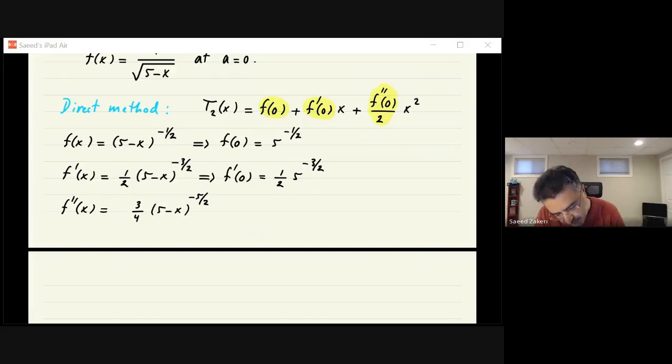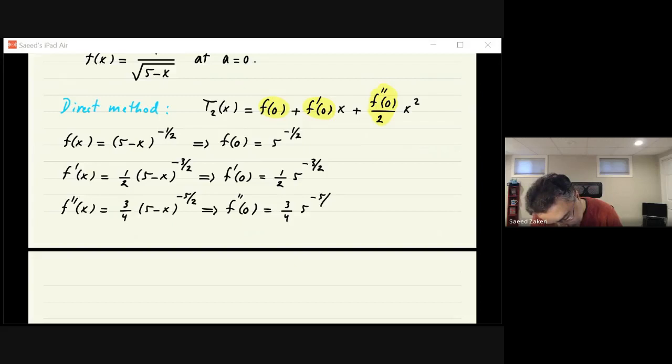So this minus minus is plus. So this is what you get. And therefore, the second derivative at the origin will be 3/4 of 5 to the power minus 5/2.